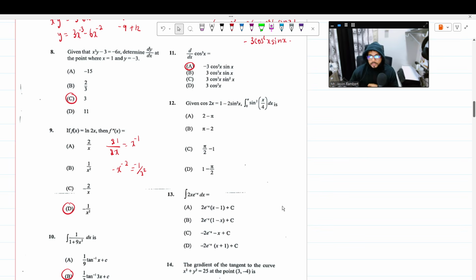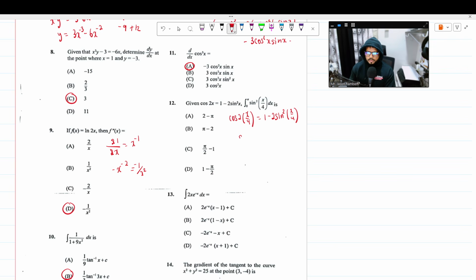This is a repeat question, but we will still go through it. If I'm not mistaken, this is also a unit 1 question. If cos 2x is this, we want to get the integral of sine squared x on 4. So all I'm doing is changing x to be x on 4. So I'll get cosine 2 times x on 4 is 1 minus 2 sine squared x on 4.